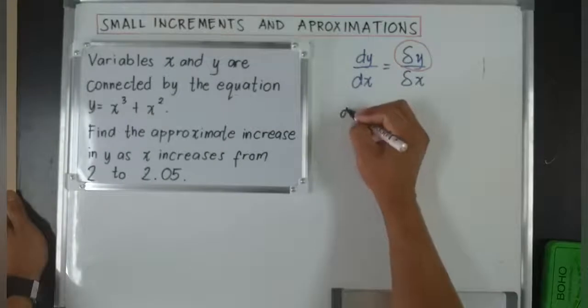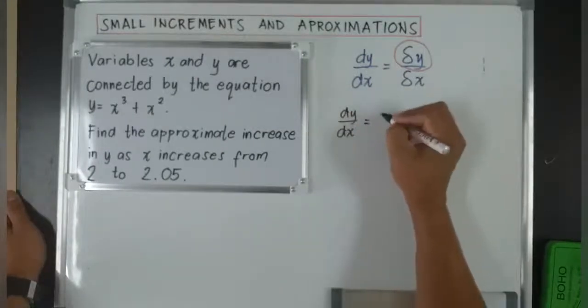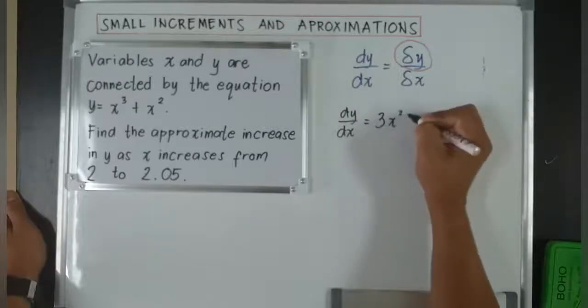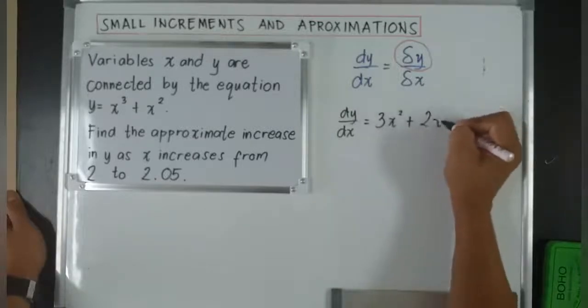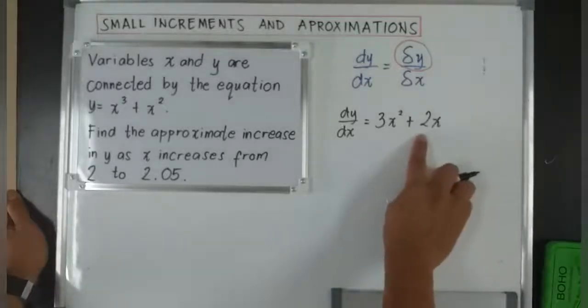So dy over dx is equivalent now to 3x squared plus 2x. But remember, dy over dx will become the gradient if and only if you replace this one with the value of the x.